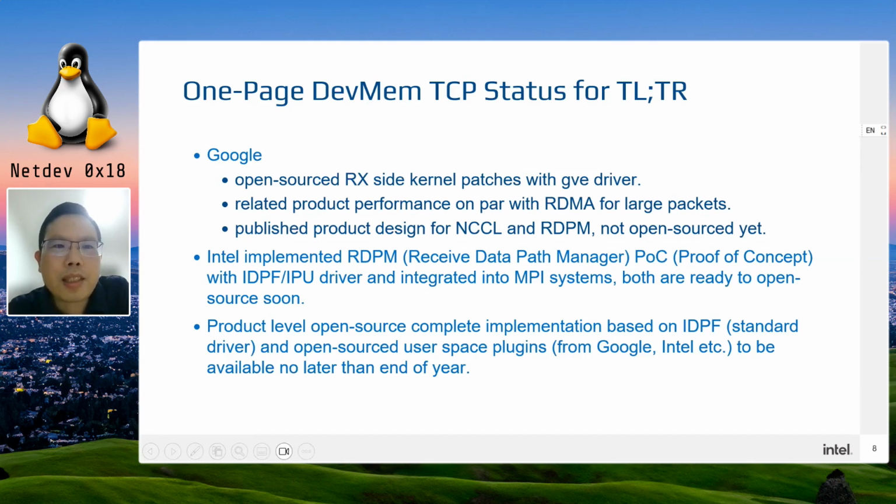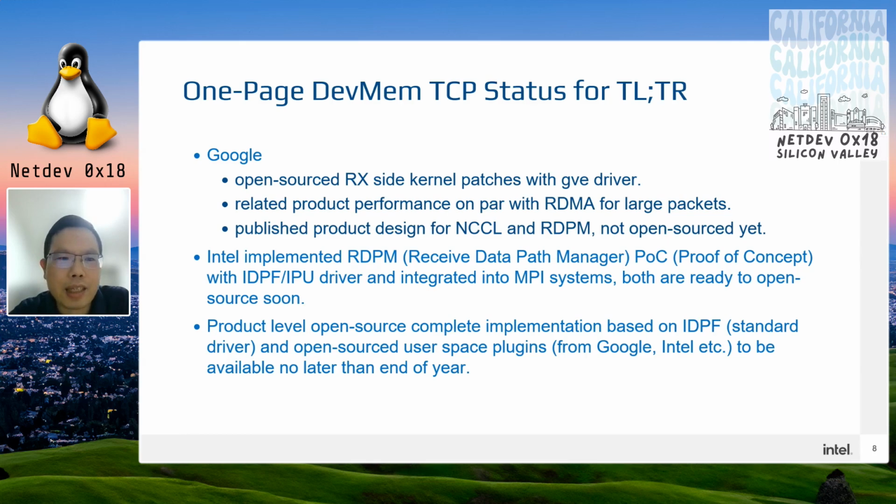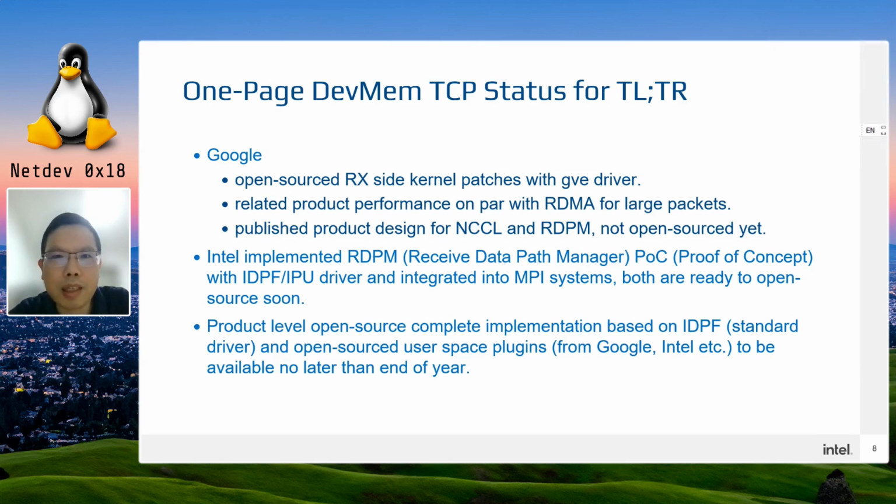Yeah, this page was a very high-level summary of the status. From Google, we already see that the RX path, some of it is already upstreamed, and some of it is still in progress.